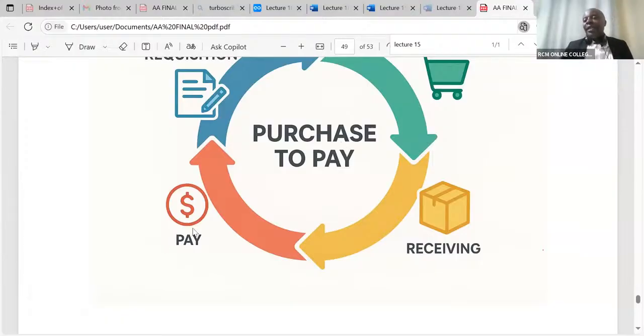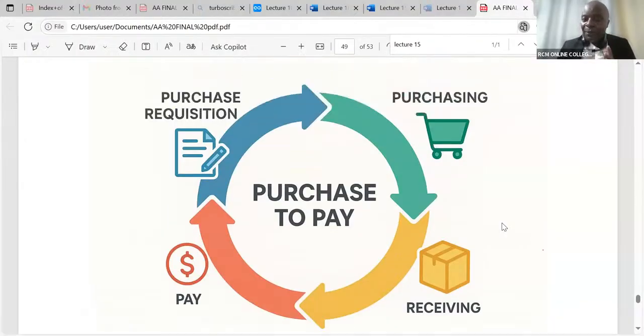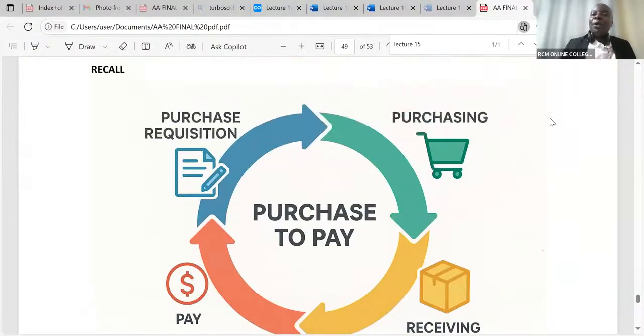Now, please listen. This cycle, you must understand it very well, you as an auditor. If, for example, you are the one in charge of procurement, then as you raise your PO, you must always have the purchase requisition. So here, 2 documents have been born.